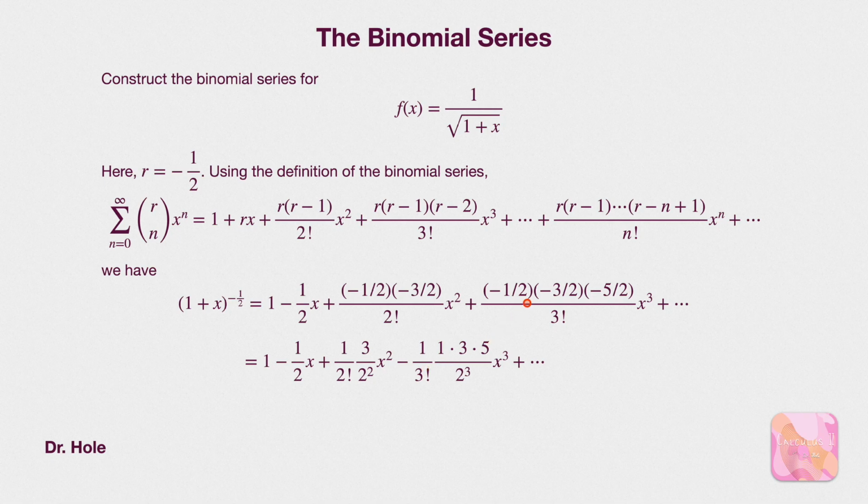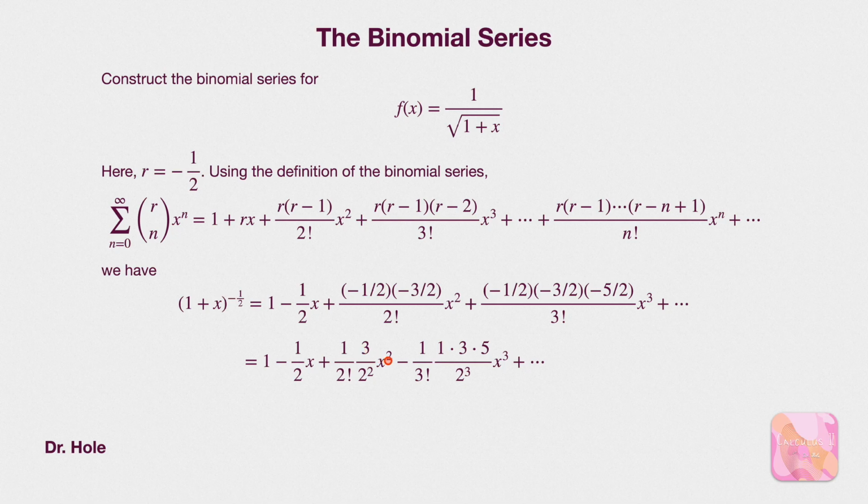Now, in this fourth term, the numerator has 3 2's, which may be brought into the denominator, so 2 to the power 3. And we'll explicitly write out the 1 times 3 times 5. And then that continues. Let's pause for a second and look at the pattern. This we wrote as 3. It's the same thing as 1 times 3.